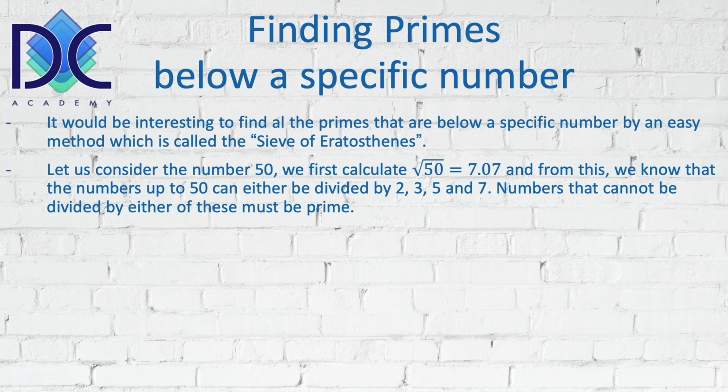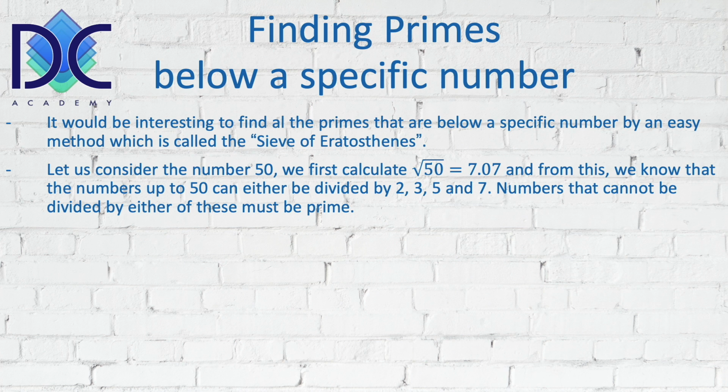They cannot be divided by larger primes. So the numbers from 2 till 50 which cannot be divided by 2, 3, 5, and 7 must be prime numbers.